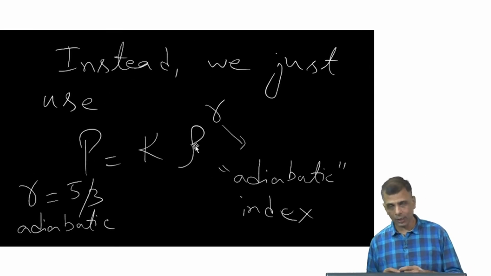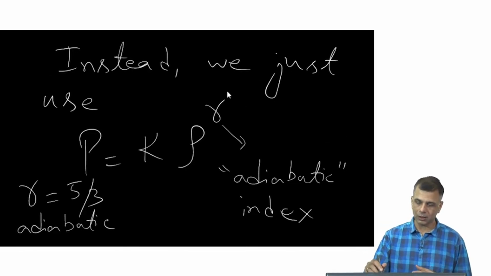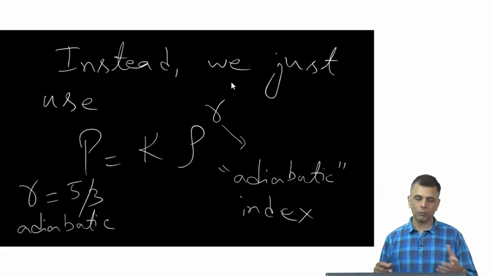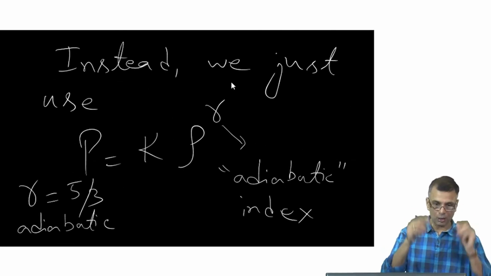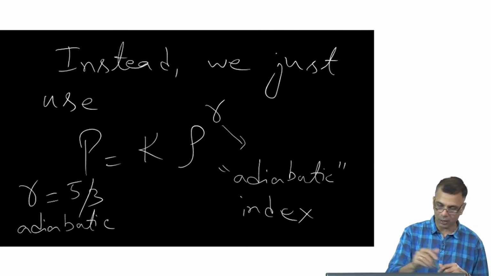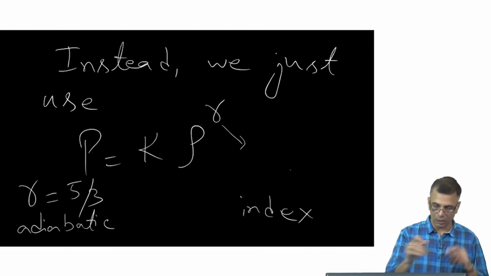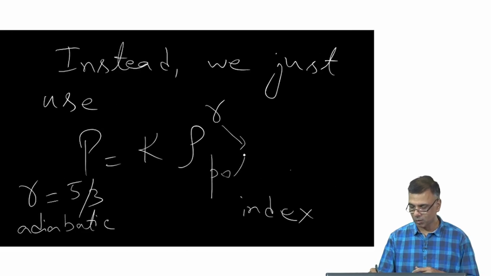The other way of looking at it is all the physics of energy dissipation or generation or whatever is hidden in this index right here. So this would be a polytropic law, as you know, and the polytropic index, I should not call it an adiabatic index, I should call it a polytropic index, because that's what's used in the literature many times.